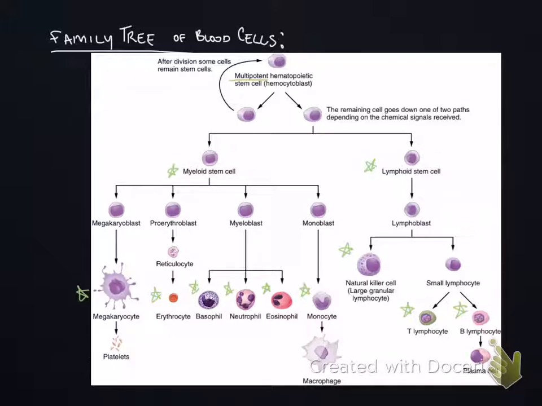Okay, so these start off in the bone marrow, differentiate into their different types of cells, and then eventually end up in our blood. So what you need to know from here is how they start out, what that cell is called, the different lines here, and what we end up with.